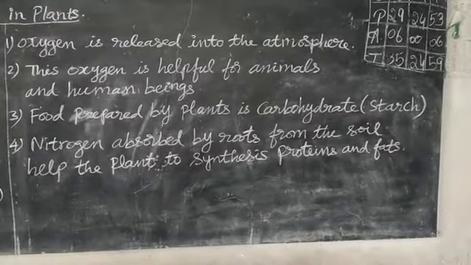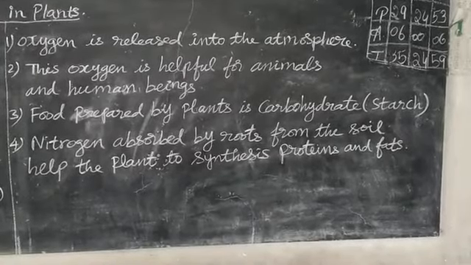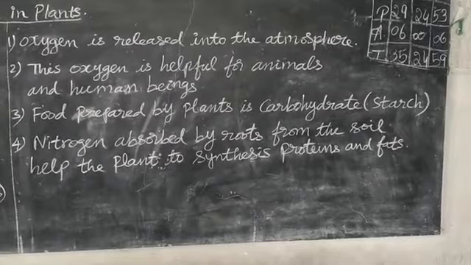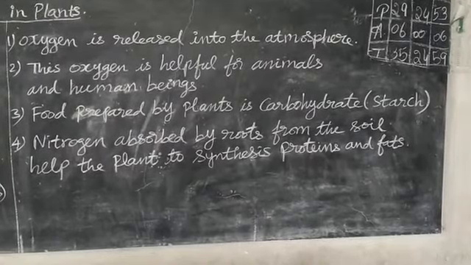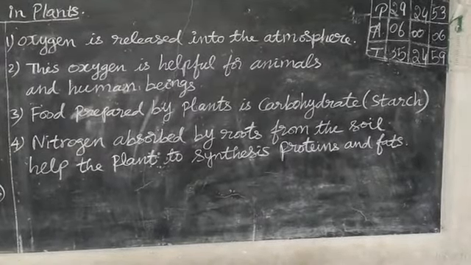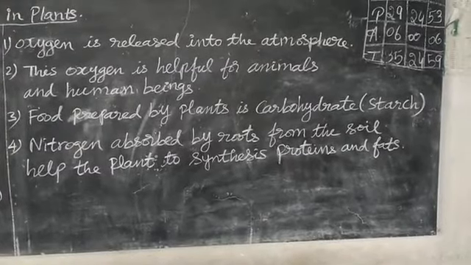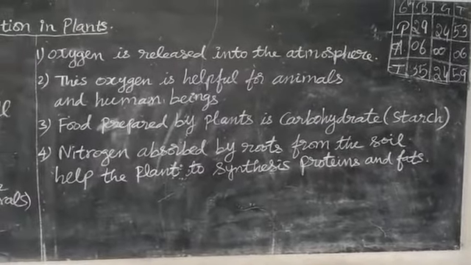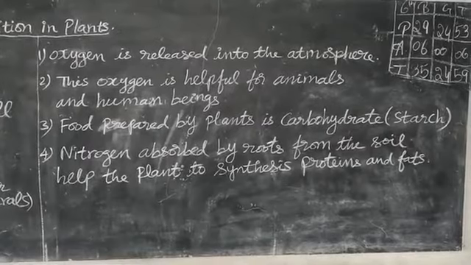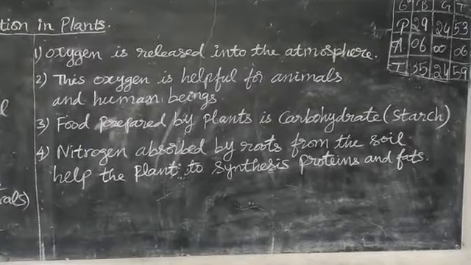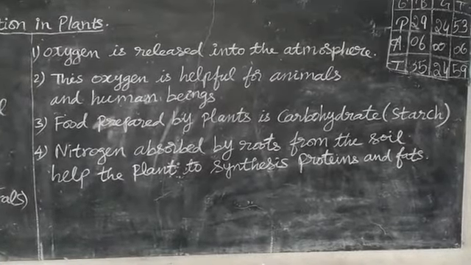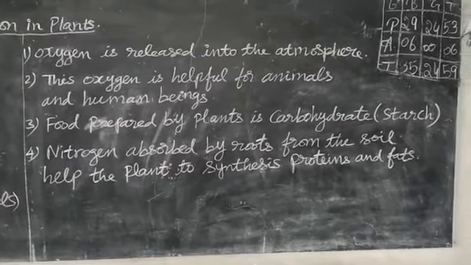Proteins mainly contain nitrogen. So they use this nitrogen and they synthesize proteins and fats also. This is all about how plants prepare food. Carbohydrate is the main food that the plants prepare.